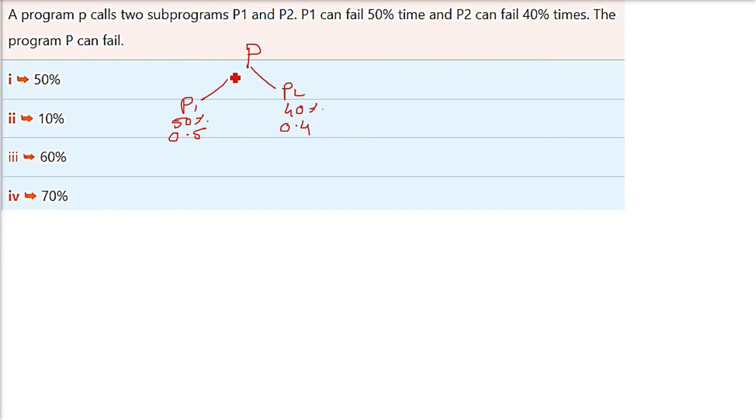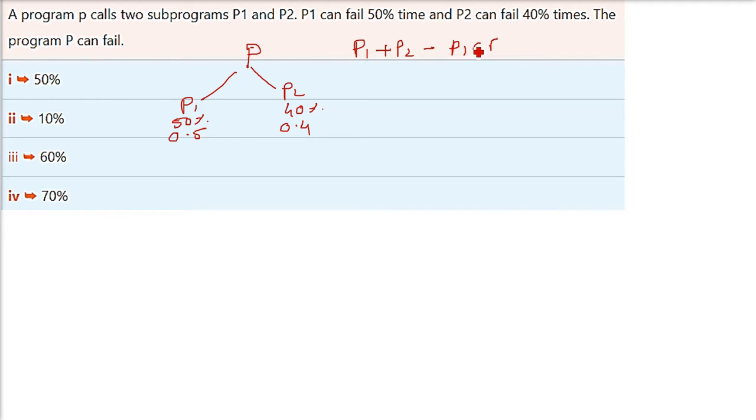And now the program P can fail. So either P1 fails or P2 fails, you can just add them. Or if they fail together, this is already included in P1 plus P2. So P1 fails, P2 fails. If you combine them, that probability also includes the combined probability of P1 and P2 failing together.